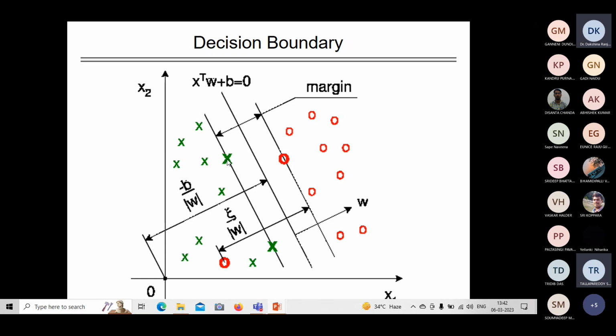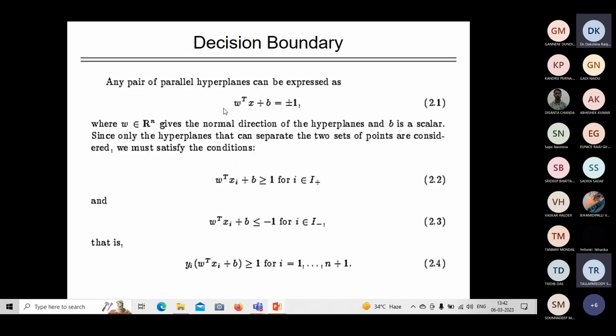Since these support vectors are found on the class boundaries, we need to get the equation for the class boundaries. These two class boundaries will be parallel to this optimal hyperplane. Here W gives the normal direction of the hyperplane and B is the scalar.